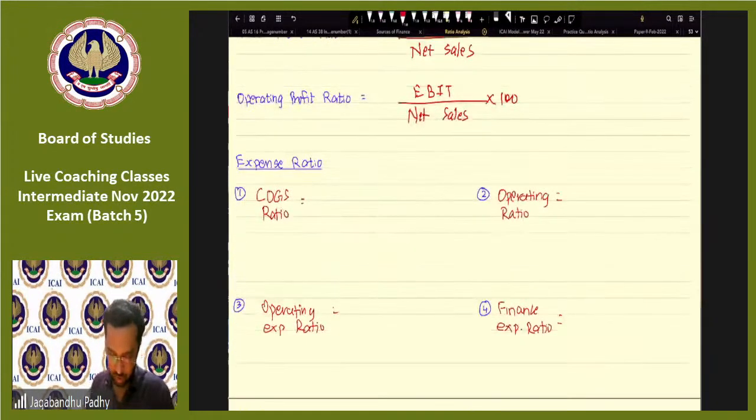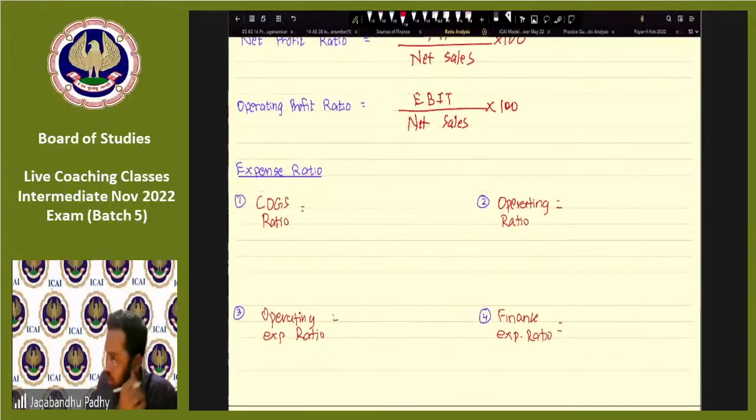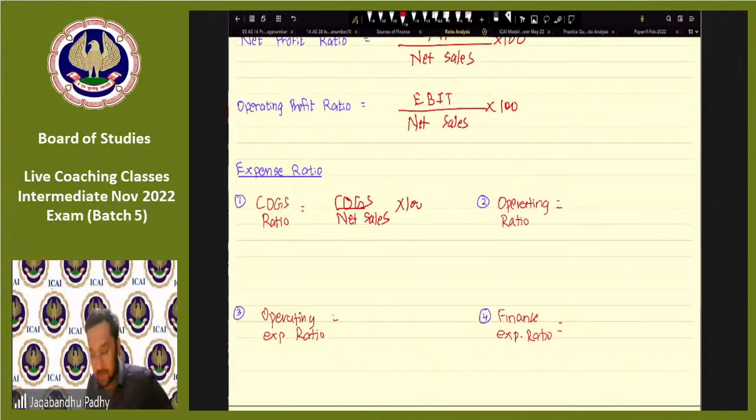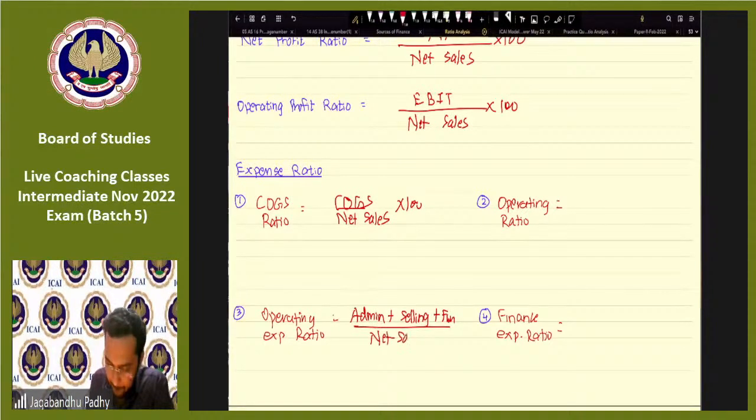Now, the other ratios. COGS ratio is of course COGS upon net sales into 100. Operating expense ratio is basically admin expense plus selling expense plus finance expense upon net sales into 100.